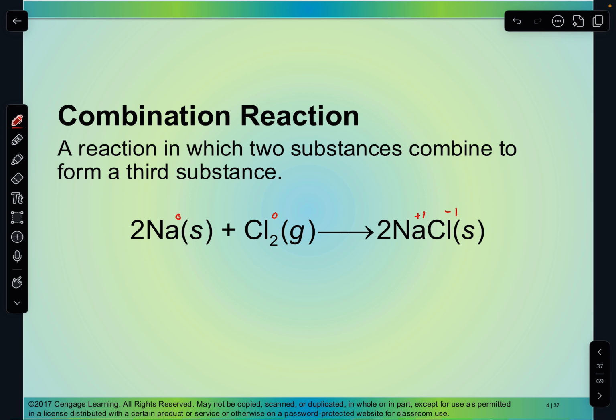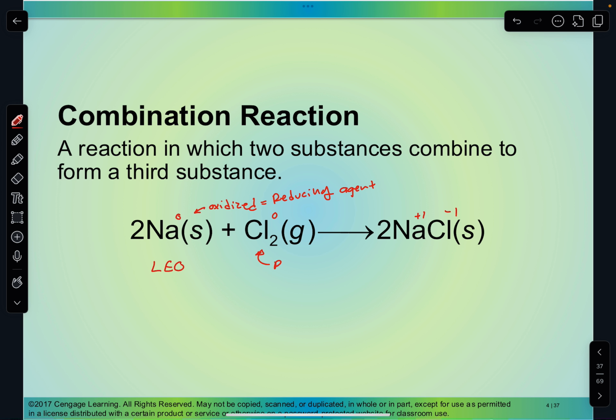So we can then say that sodium lost an electron. So LEO, it lost an electron. It was oxidized, which makes it the reducing agent.